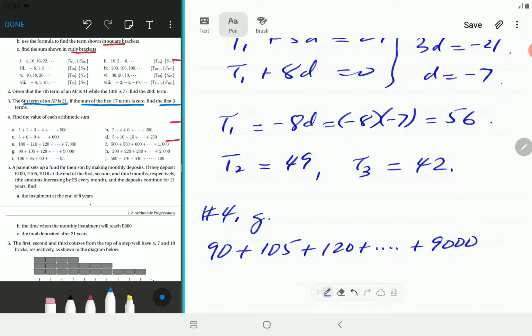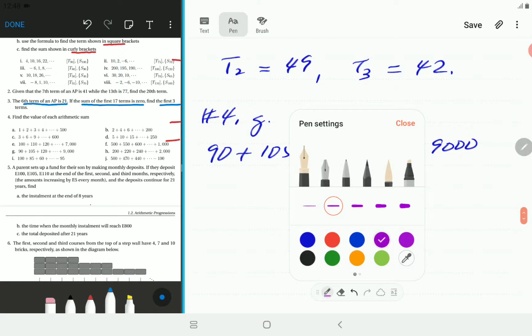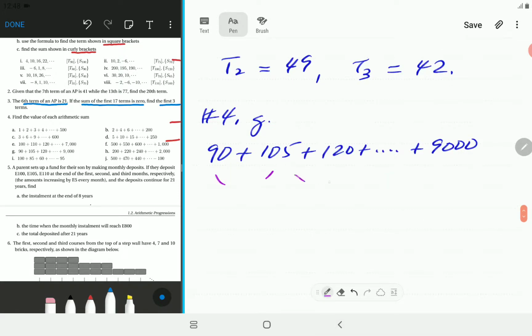Okay. So the first thing I want to do here is just to work out the differences of these, and you're going to see that this is plus 15 and that's plus 15 there, so that's definitely an arithmetic sequence. So that means D here is 15.